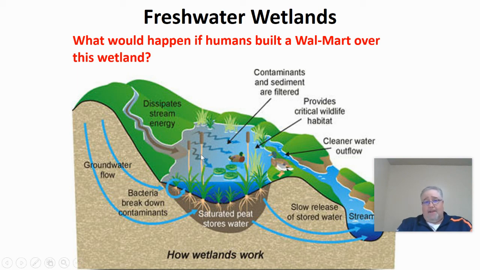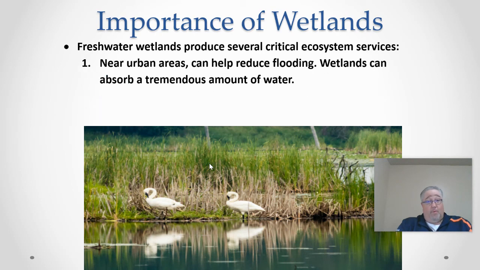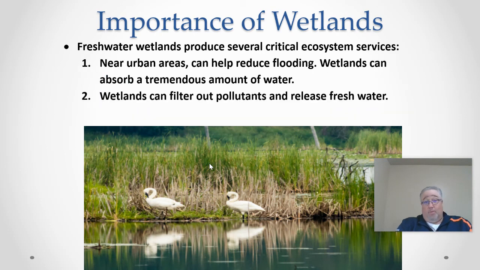Well, what will happen is a lot of those chemicals will end up sinking to the bottom of the wetland, and then out the other end will come fresh water. So this acts as a filtration system for any bad stuff that might be coming into it. So if you remove it, then you remove its ability to filter the water. That's an important thing we want to make sure that we don't remove.